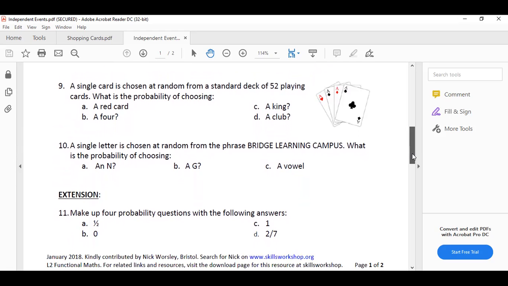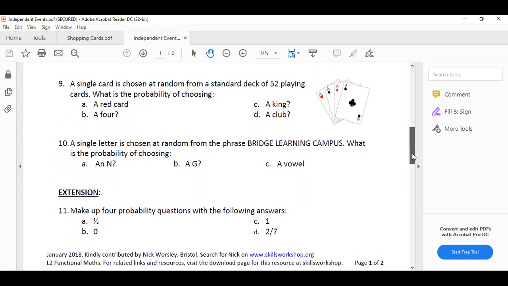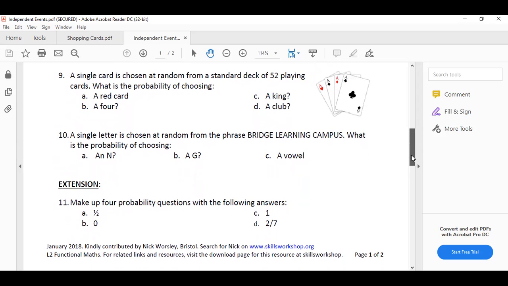Number 9, a single card is chosen at random from a standard deck of 52 playing cards. What is the probability of choosing a red card, a 4, a king, or a club? If you're not sure how many cards go into a pack of cards, Google it, because it is something that can come up.